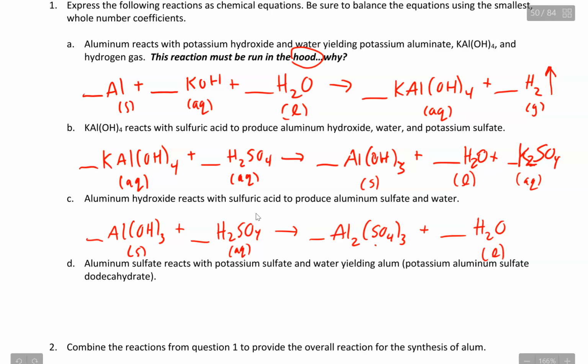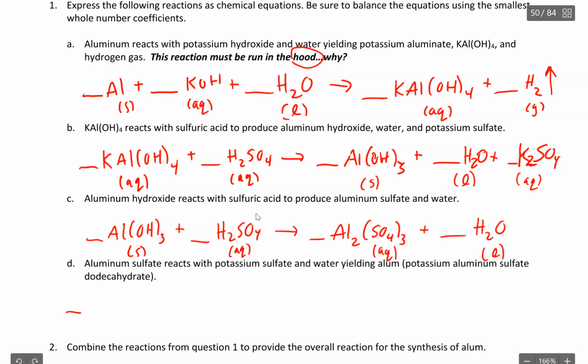That means that we've produced aqueous aluminum sulfate. Okay, then we have the aluminum sulfate reacting with potassium sulfate and water to yield alum, potassium aluminum sulfate dodecahydrate. That's a mouthful, so you can definitely see why we just call it alum. So let's go ahead and finish up this equation.